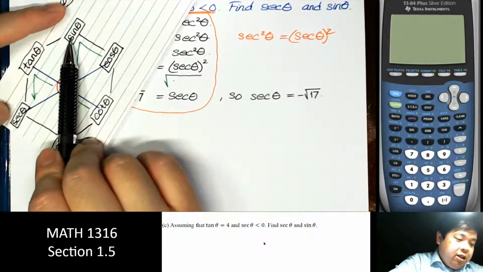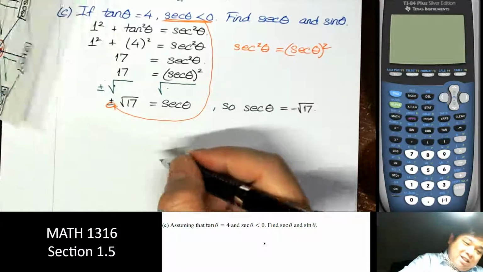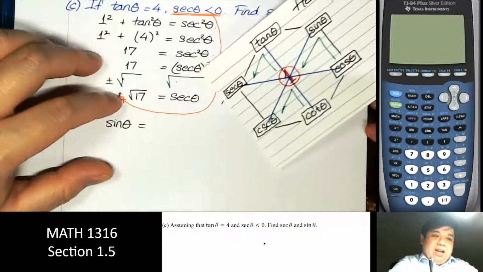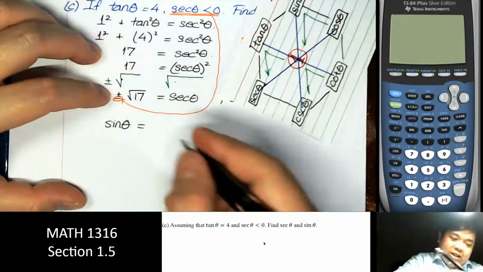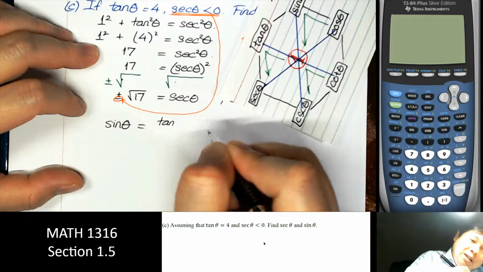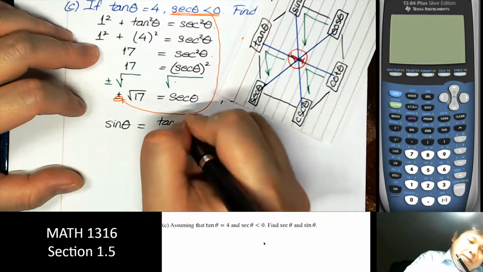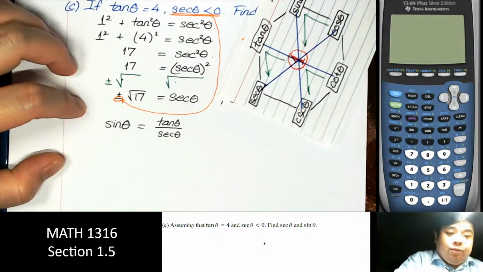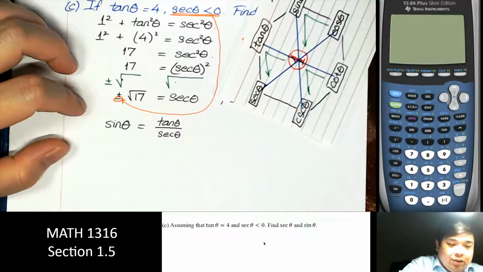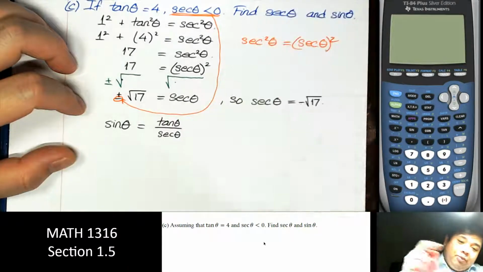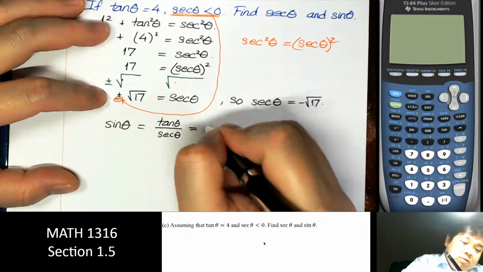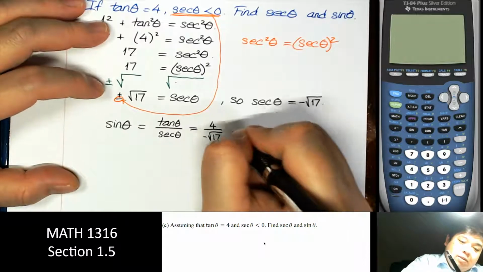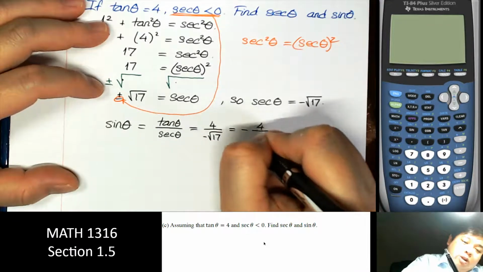Sine on the top, tangent over secant. Once again, if we want sine, it will be tangent over secant. Tangent over secant, negative square root of 17. So we just say negative 4 over square root of 17.